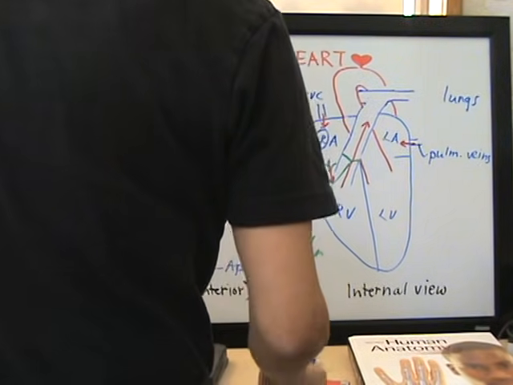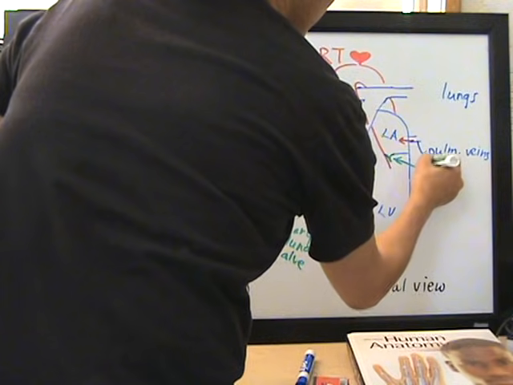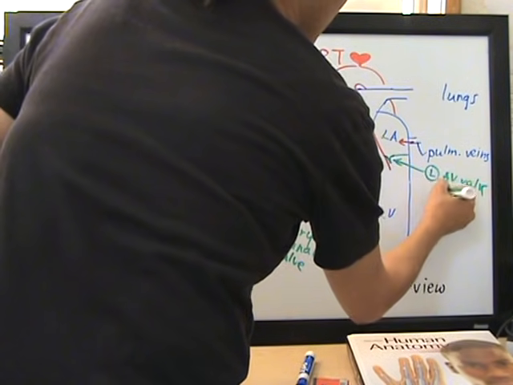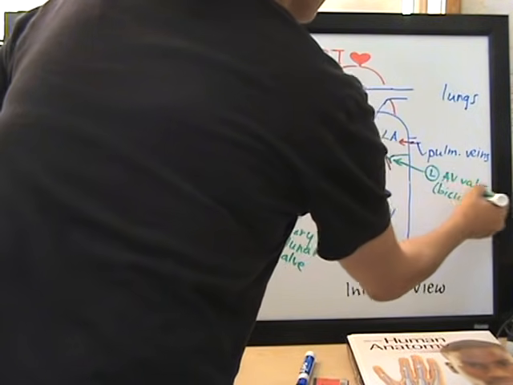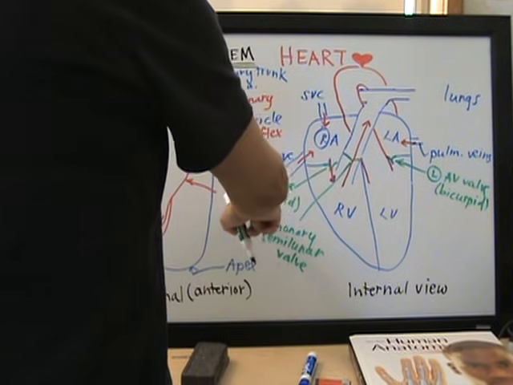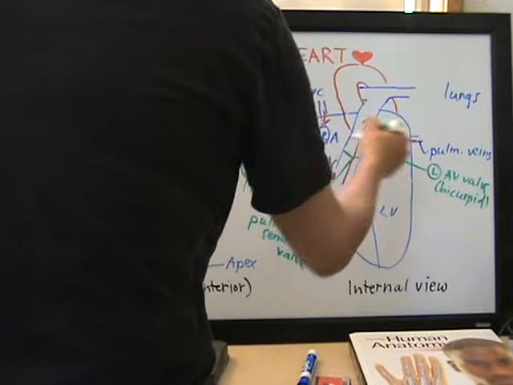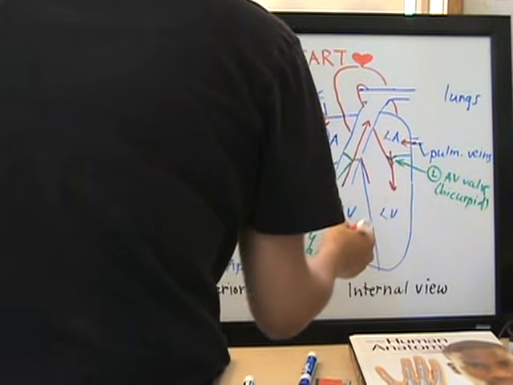Then from here to the left AV valve. Or the bicuspid. The way to remember which goes to which side, you try before you buy. Okay, so then blood will pass through the bicuspid valve into the left ventricle.